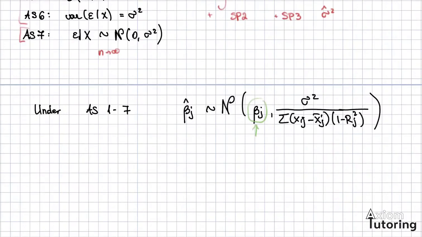So if assumptions 1 to 7 are fulfilled, then I'm estimating something that is going towards the true parameter of the population, and this is the variance that I am given.